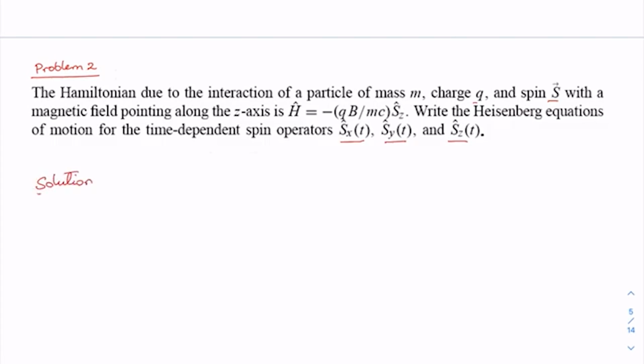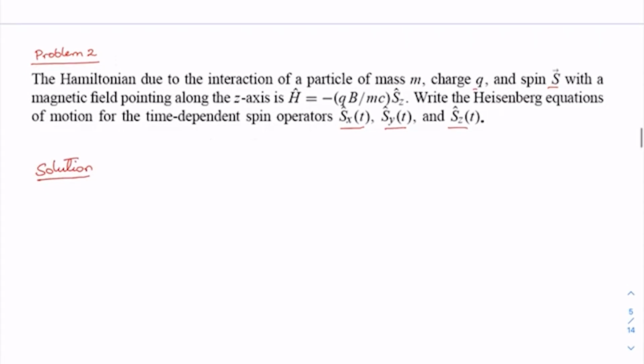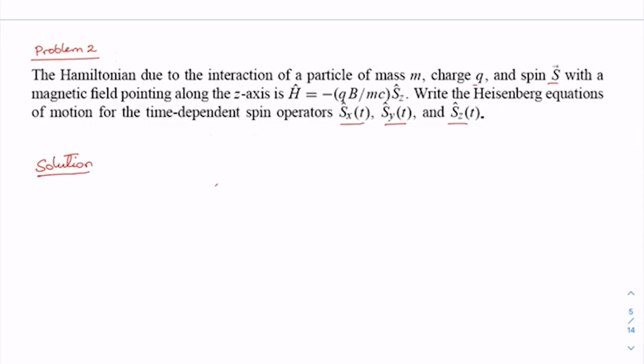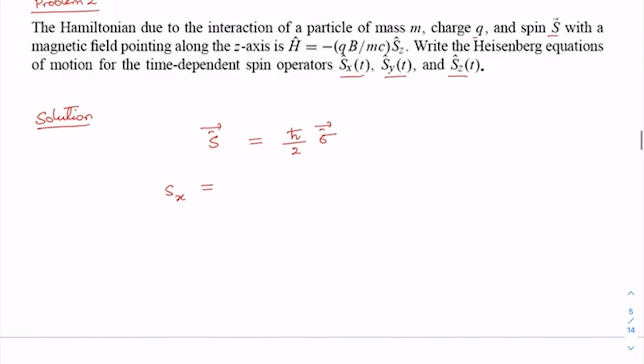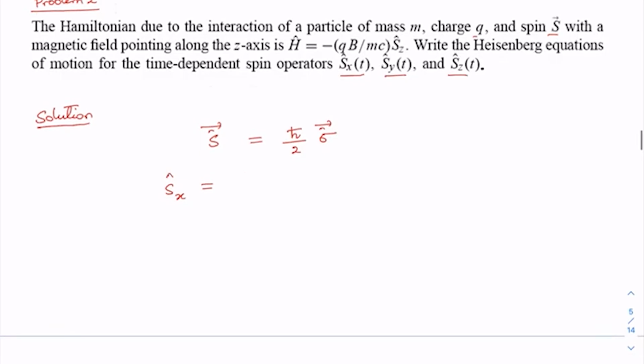Before we do this problem, let me remind you of some facts about the spin operator S. We know that we can write the spin vector S in terms of the Pauli vector sigma, S equals h cross by 2 into sigma. Sigma is the Pauli vector, and component wise we have S_x, the x component of the spin vector, equal to h cross by 2 sigma x.